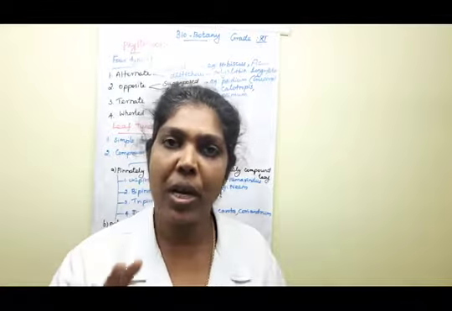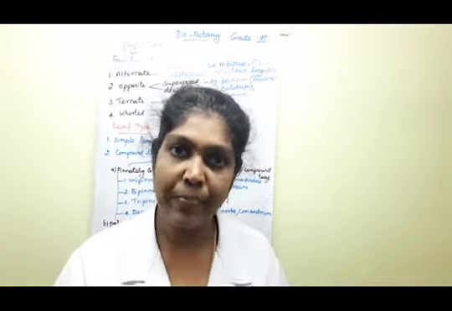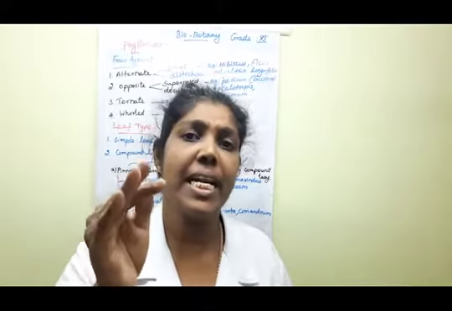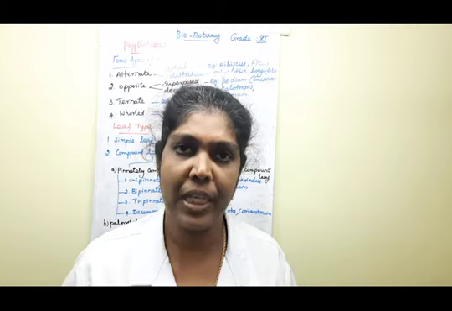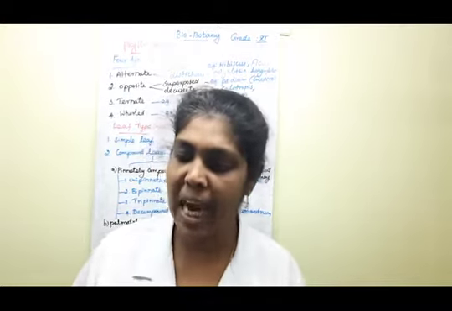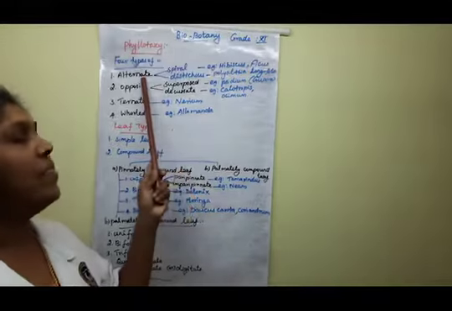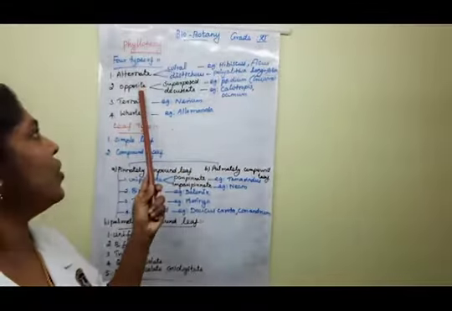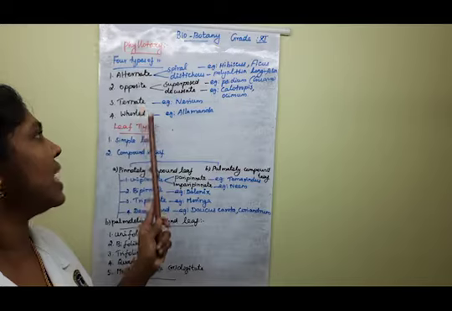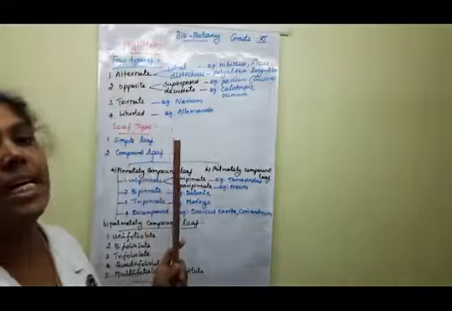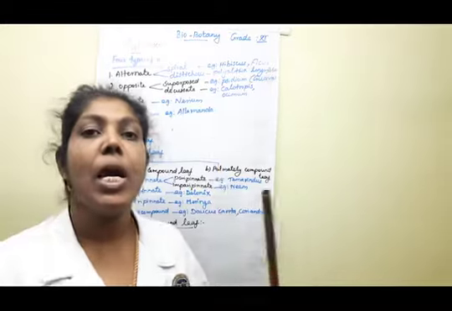First one, alternate phyllotaxy, opposite phyllotaxy, whorled phyllotaxy and ternate phyllotaxy. Clear children? What are the four major types of phyllotaxy? Very good. So all of you listen. Alternate phyllotaxy, opposite phyllotaxy, ternate phyllotaxy and whorled phyllotaxy. Clear? So let us learn them one by one.